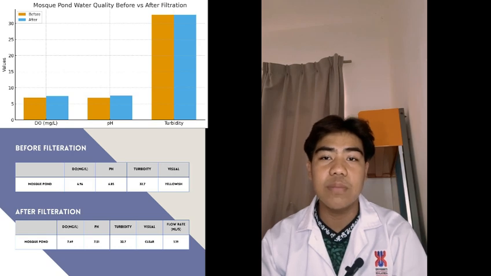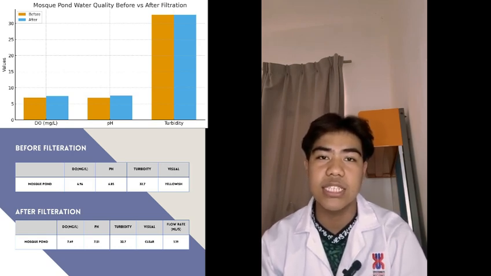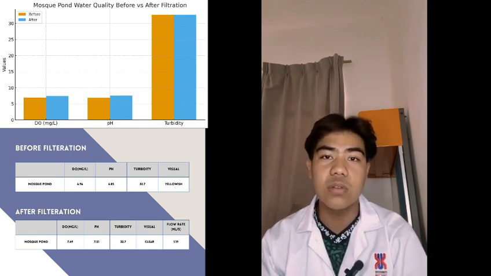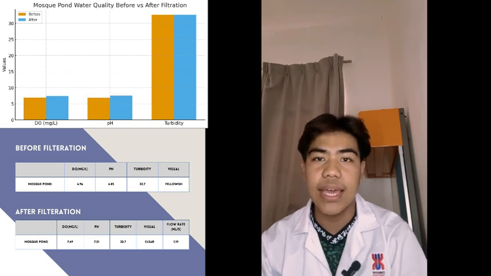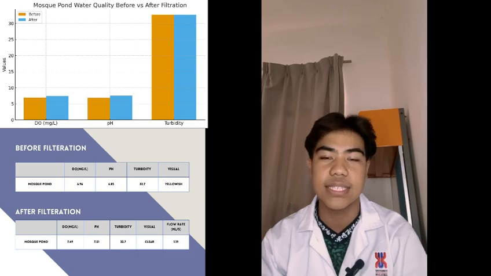Turbidity remained the same at 32.7, but just like BAP, the visual clarity changed drastically from yellowish to clear, proving that although some suspended particles remain, color and fine solids were successfully removed. The flow rate of 1.19 milliliters per second indicates filtration efficiency is still smooth and stable.